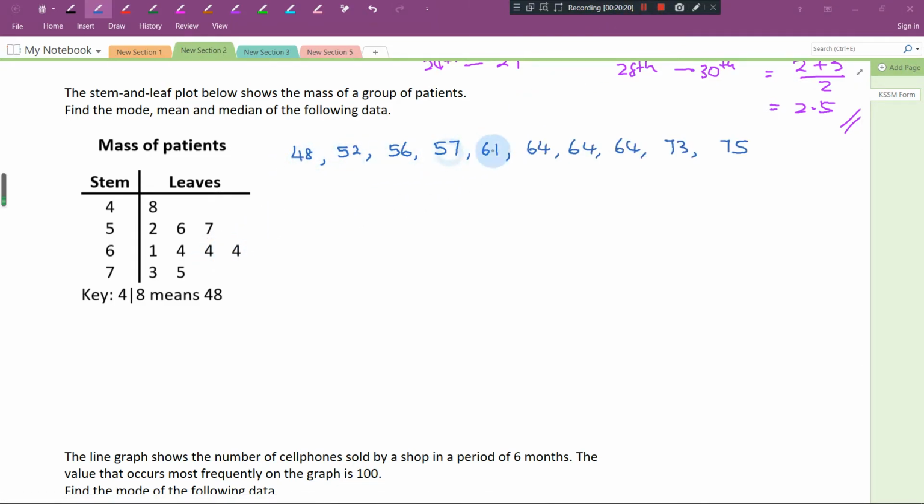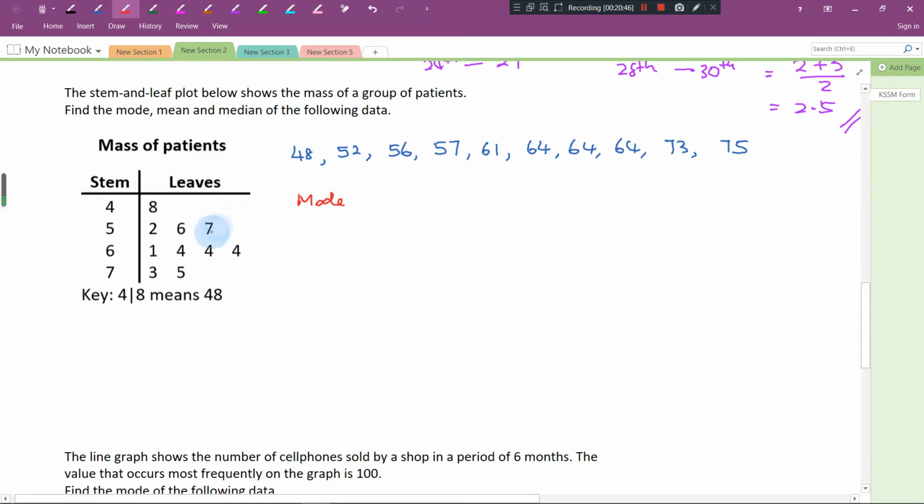Okay, I have listed all the data over here. Now we can determine the mode, mean, and also median easily. Mode is the data which has the highest frequency. So we can just look here. 48, not 4.8, 48. Be careful, don't write 4 over here.